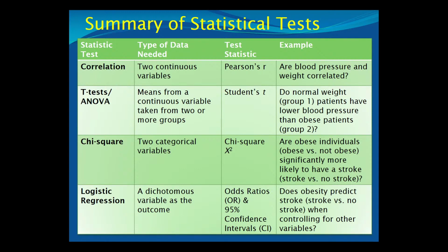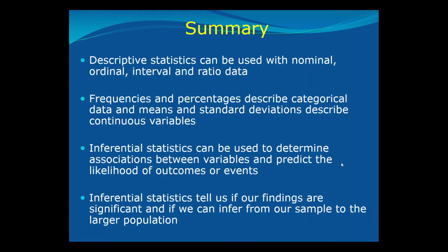An example: are blood pressure and weight correlated? We use t-tests for means of a continuous variable taken from two or more groups. The chi-square test is used for two categorical variables, and logistic regression is used with a dichotomous variable as the outcome, but we will cover all of these methods next lecture.